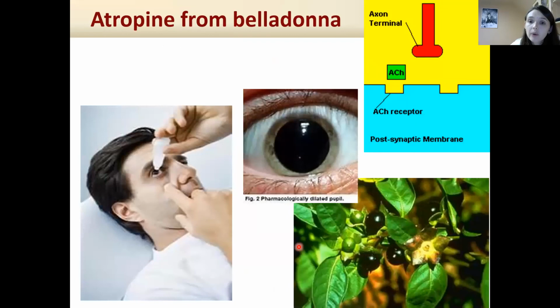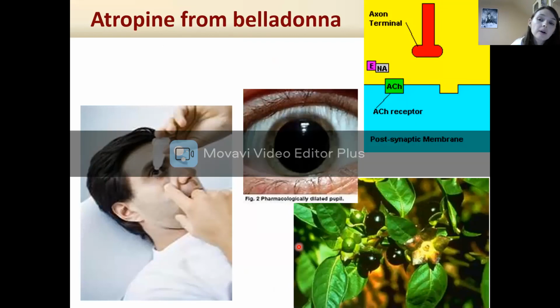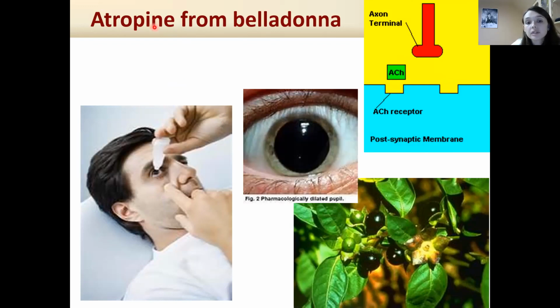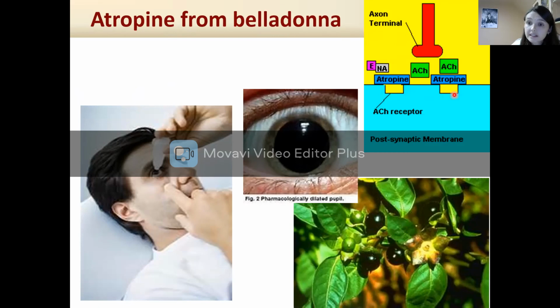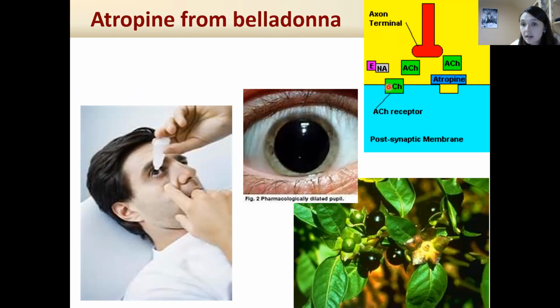Another type of drug blocks M cholinoreceptors. Be attentive: M cholinoreceptors, muscarinic receptors. It is atropine. Mostly we receive atropine from a plant like belladonna. Atropine is going to block muscarinic receptors, which are mainly present in the autonomic nervous system. Due to the blocking of muscarinic receptors, acetylcholine will not bind to the receptors and the effect will not be released.